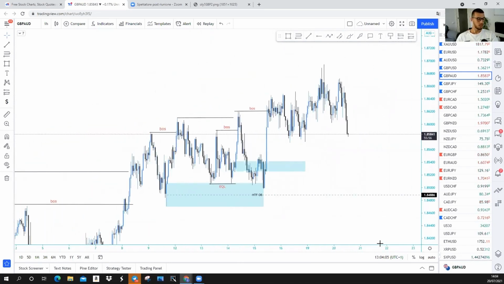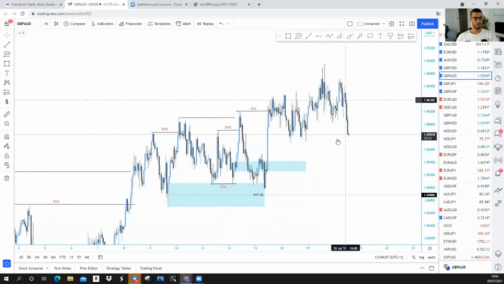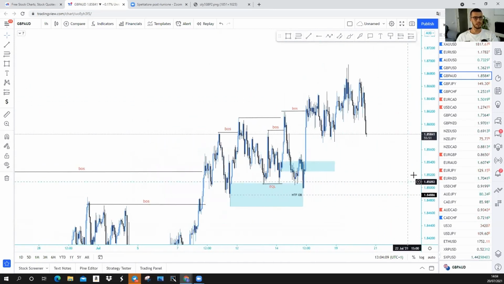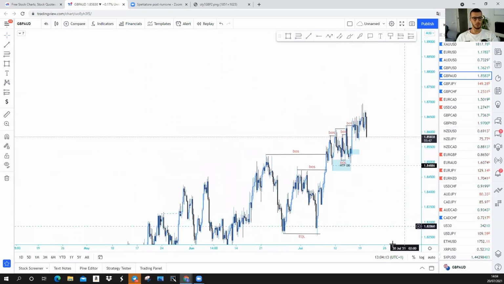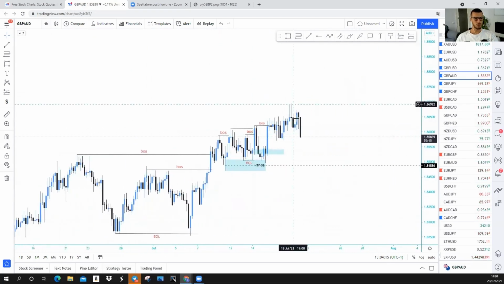Also, yes, these are some breakout structures, but on the 4 hours, maybe you can see better, this could just look like a Wyckoff distribution with the equal highs, grab of liquidity, continuation to the downside.